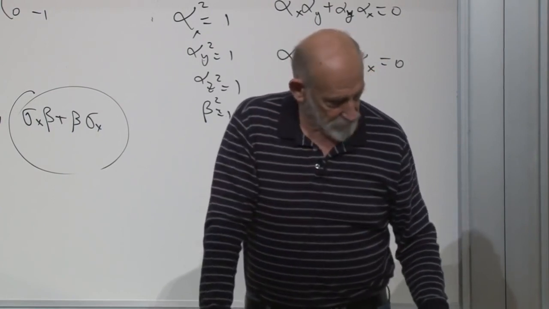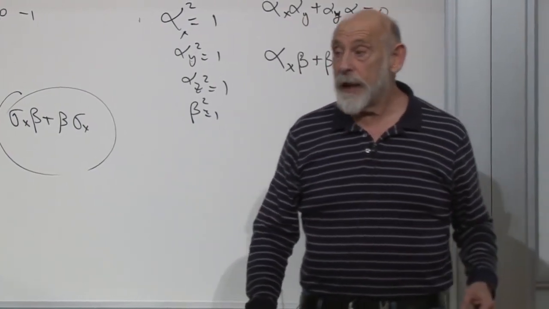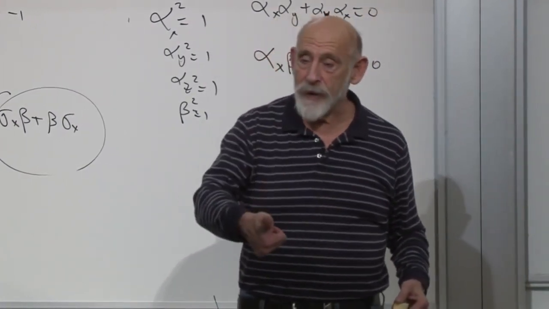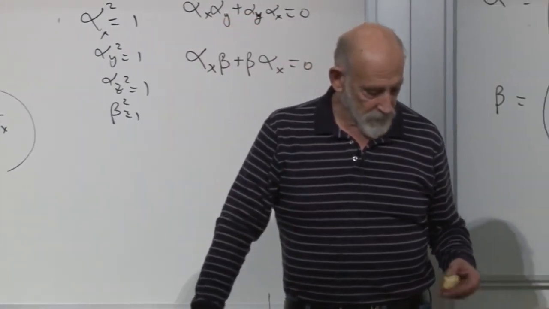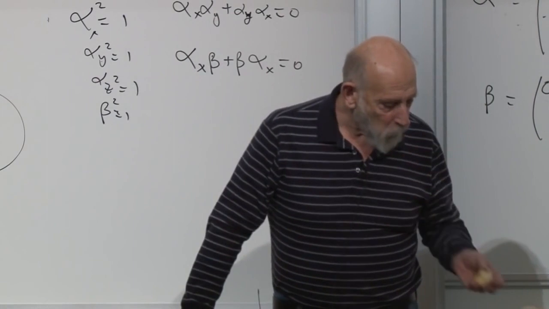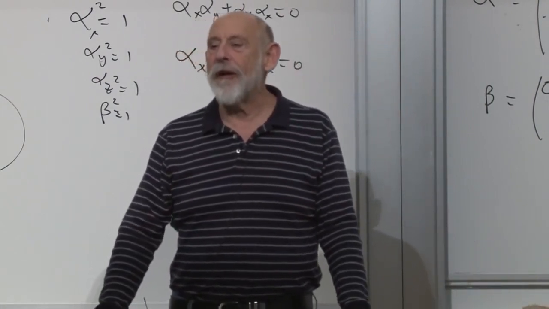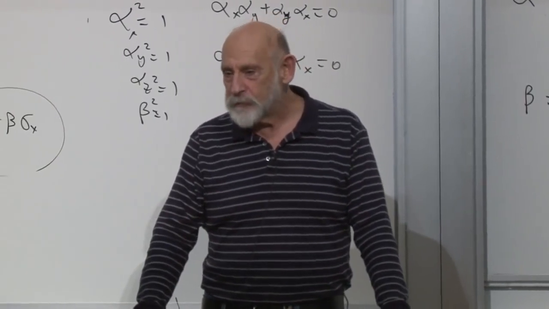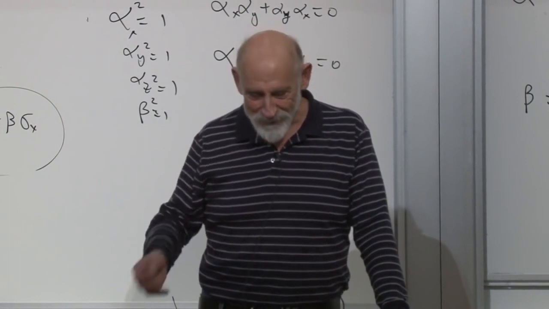So massless particles don't have this characteristic of chirality? No, they have very good chirality. They don't have anything which flips the chirality. For massless particles, chirality is conserved. Okay.